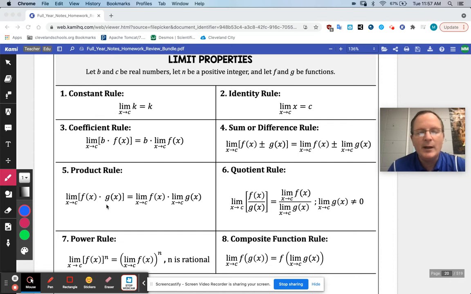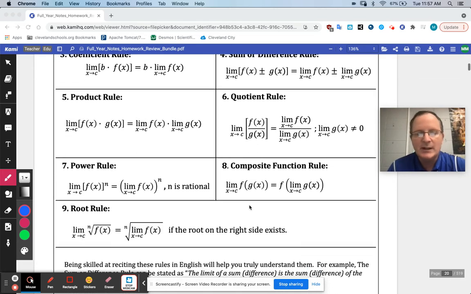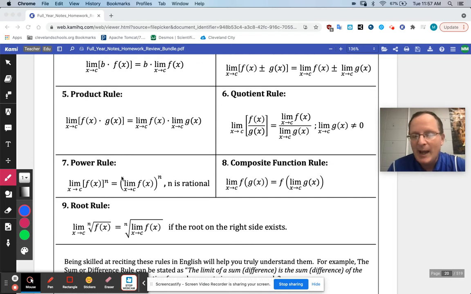Of course the evaluating part would be easier to do in this format. Same thing with product, same thing with quotient, same thing with raising to a power. If I'm asked the limit of a function raised to a power, I can find the limit of the function itself and then raise to the power later. That's what we're going to be doing. Likewise here, composition. The limit of a composition you can find by finding the limit of the inner part, the g of x in this case, and then find the function value at that value.